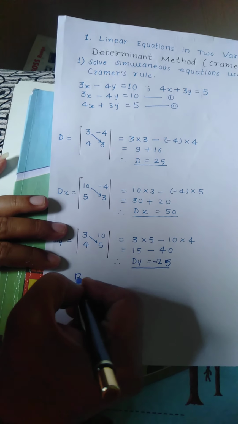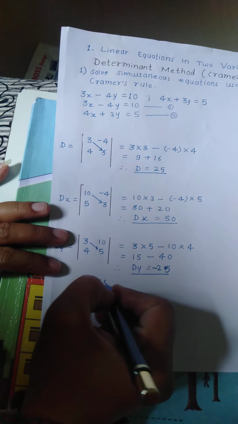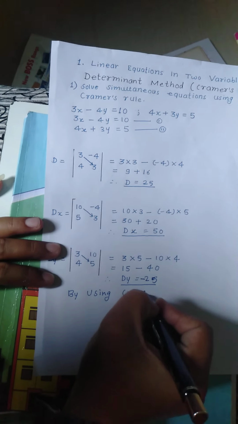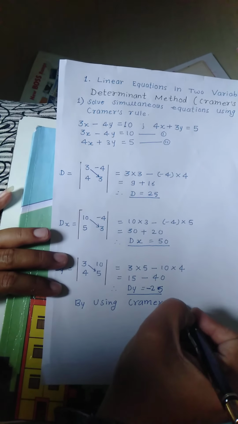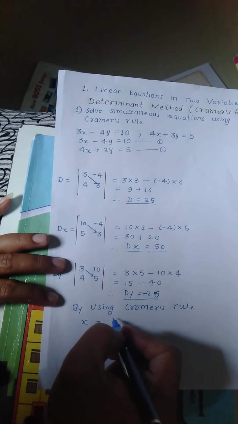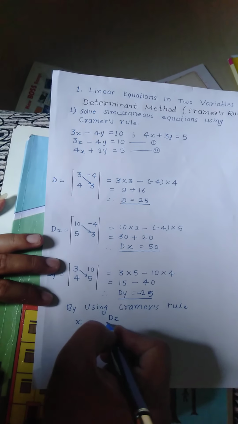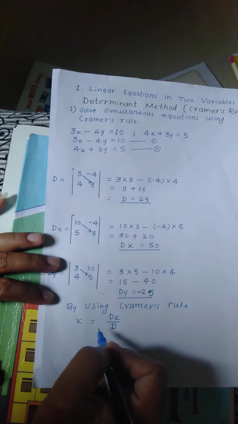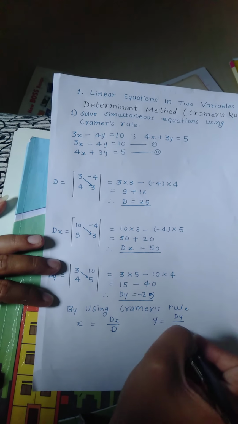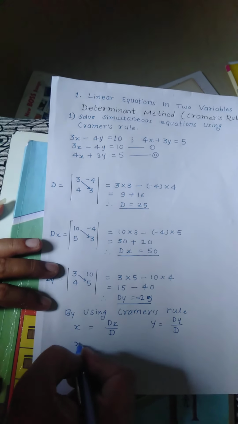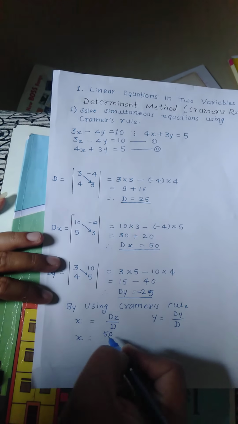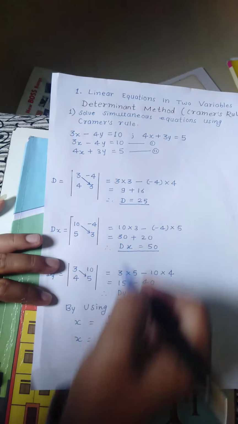By using Cramer's rule, the value of x is equal to Dx upon D. This is the formula to calculate the value, and also for y, Dy upon D. x is equal to Dx upon D. Dx means here 50 and the value of D is 25.